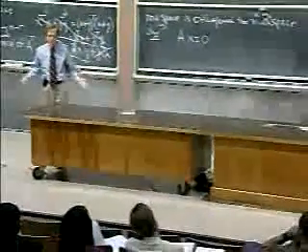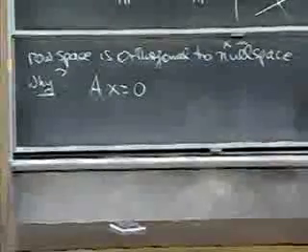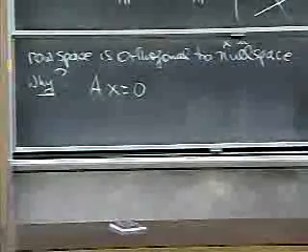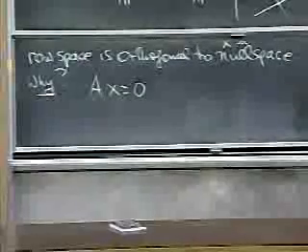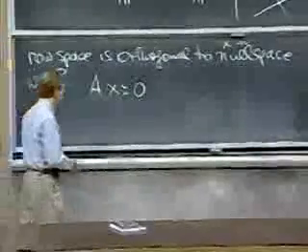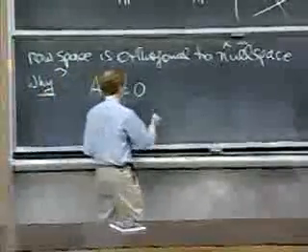If I write down Ax equals 0, which is all I know about the null space, then I want you to see that that equation right there is telling me something about the rows of A. Let me write it out.